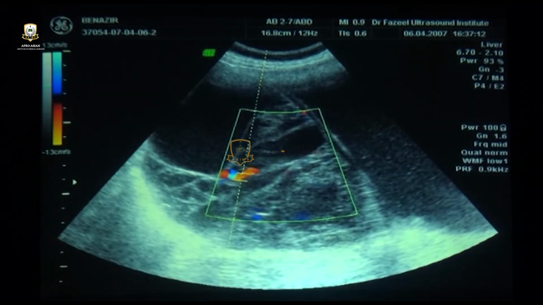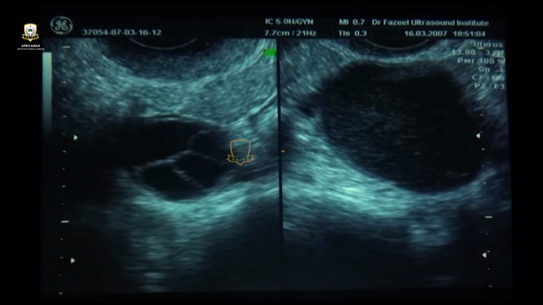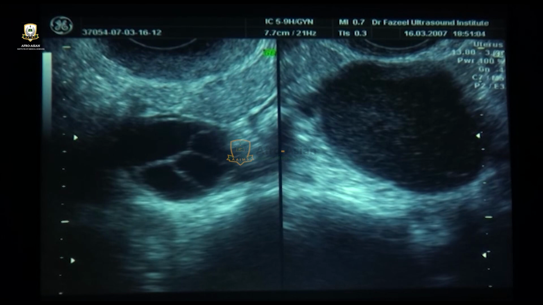Here you can see a malignant ovarian cyst with turbid fluid, mucinous cyst adenocarcinoma. A chocolate cyst and other ovaries hyperstimulated.